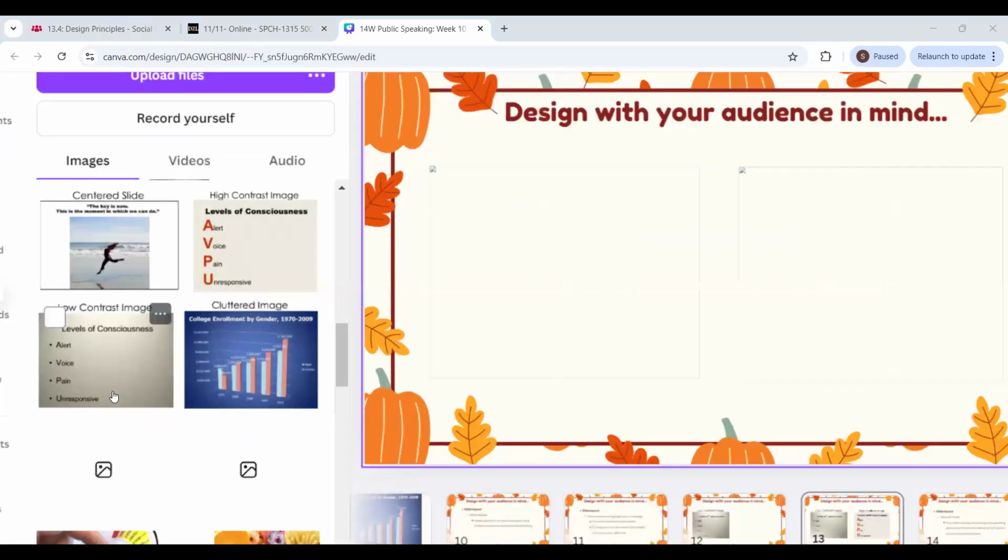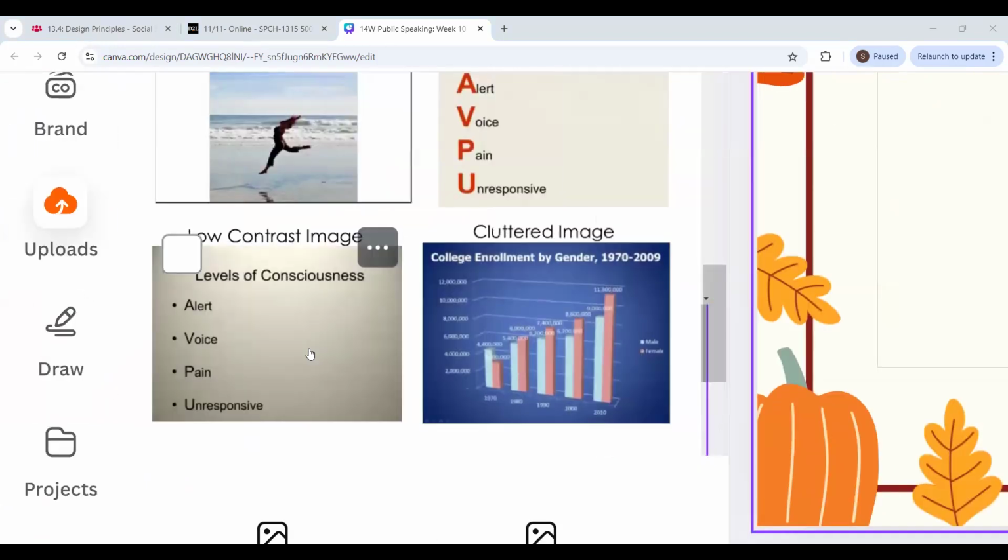So a low contrast image would be like this, right? It's black and white. Nothing really pops at you. It's just alert, voice, pain, unresponsive. So we're not really getting things to remember, right? Because these are capitalized, but it's not making it any different from the whole word itself.